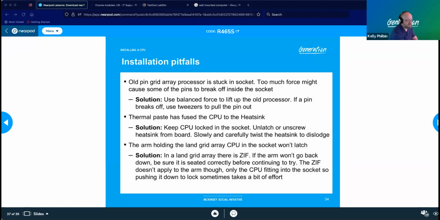Unscented, unwaxed dental floss. You just put it on one side of the processor in between the heatsink and the processor, and you just kind of saw your way through it, and that'll dislodge the heatsink as well. A little bit less risky than grabbing that heatsink and twisting it.